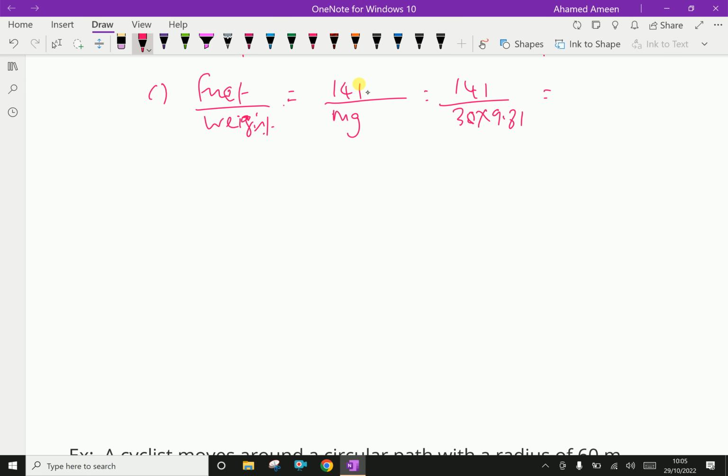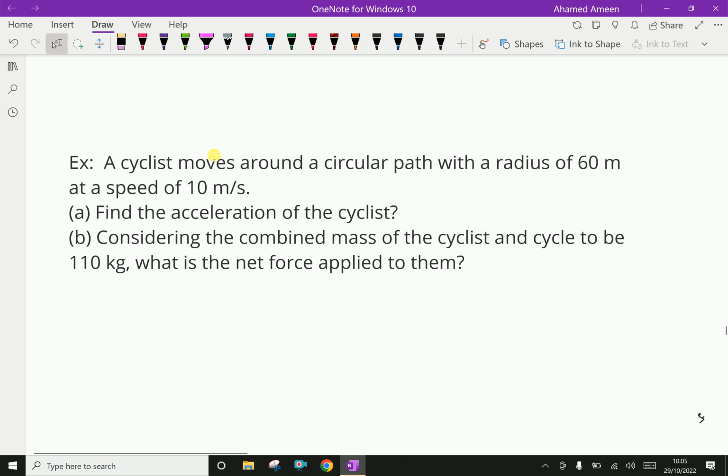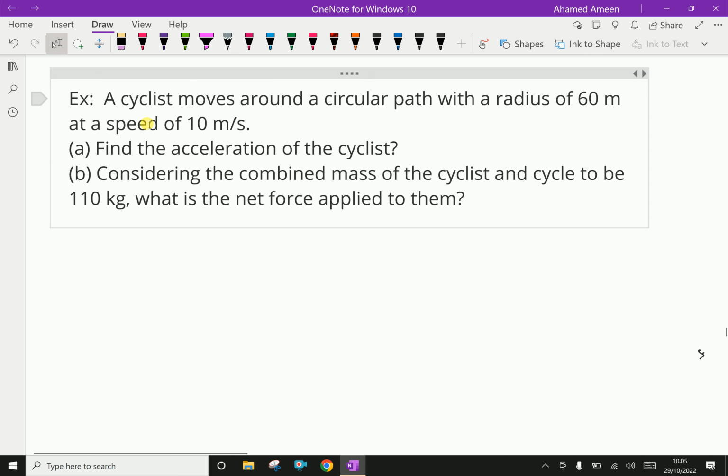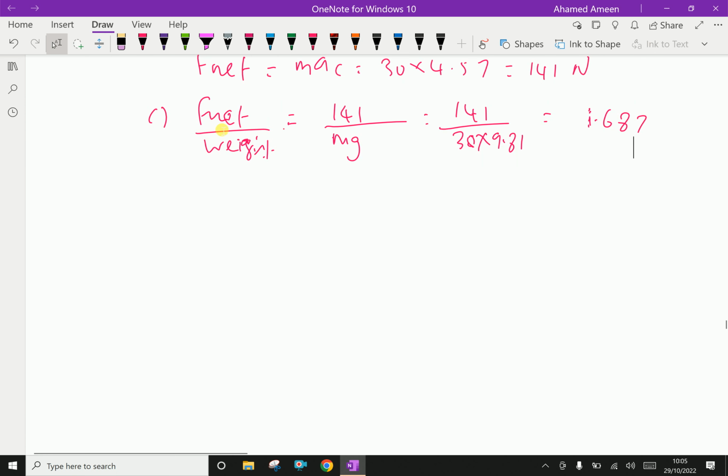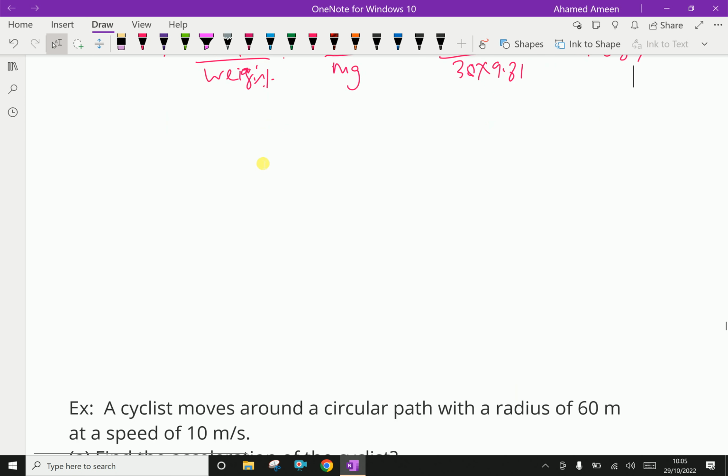The ratio is 1.687. No unit because it's a comparison of two forces. Here the forces are compared, that is F net over weight.